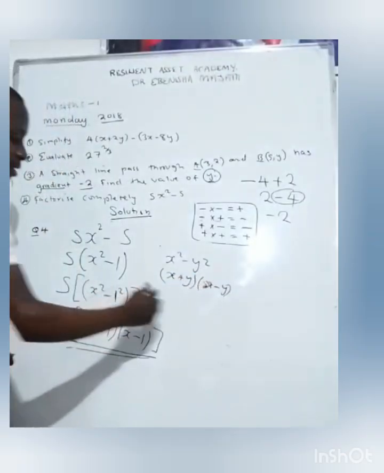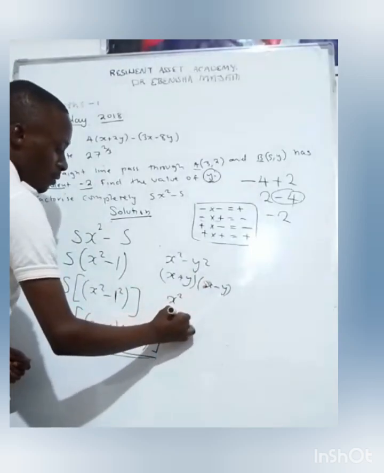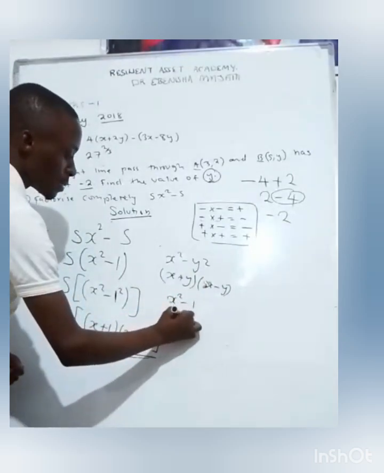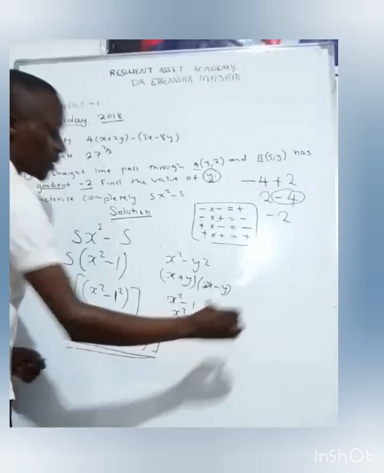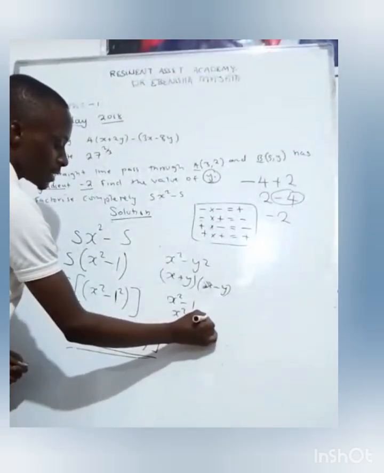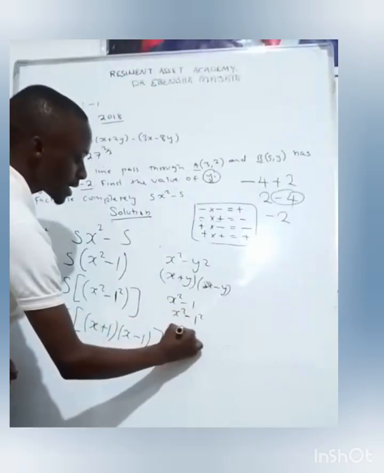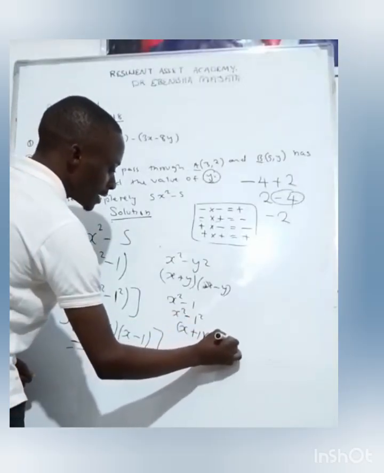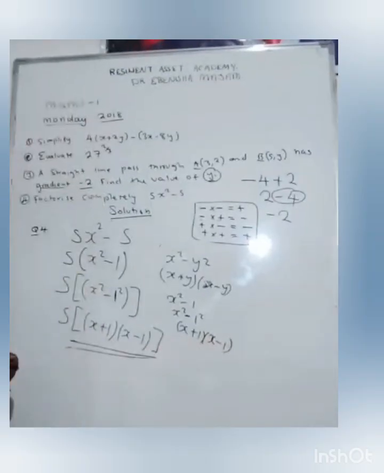Okay, so these are the first 4 questions that they asked. This was 2 marks, this was 3 marks, this was 2 marks, and this was 2 marks also. So 2 plus 2 plus 2 is 6, plus 3, that's 9 to 10 marks.